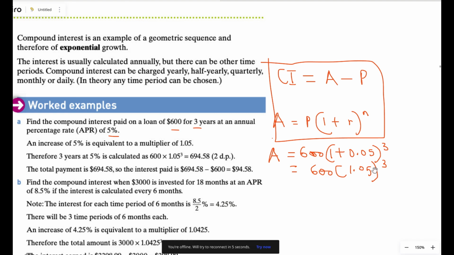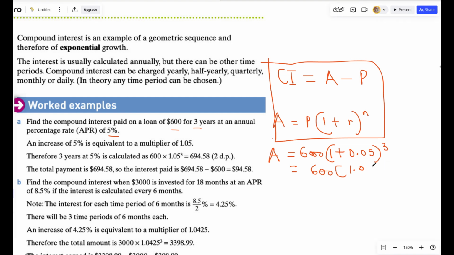Let's use the opportunity to calculate. So 1.05 raised to power 3, we get 1.157625.